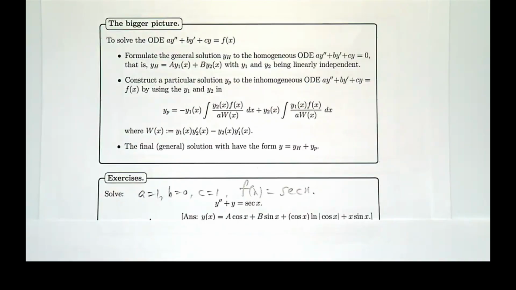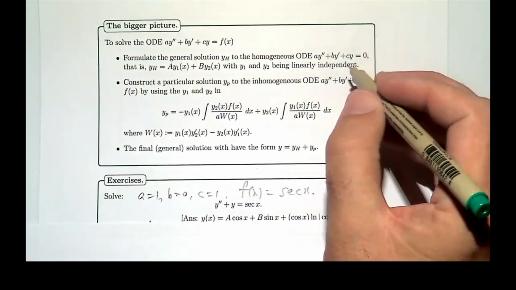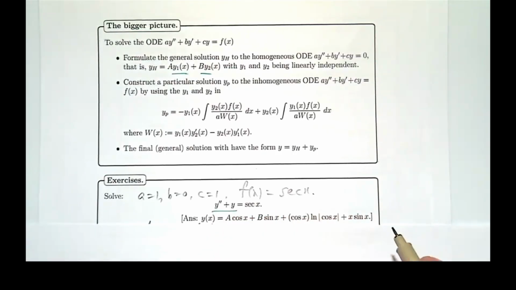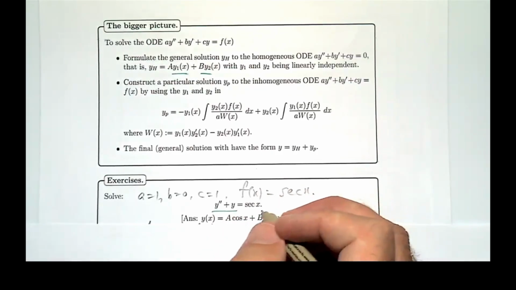All right, so you're given this problem. In this context, y1 and y2 are going to solve the homogeneous equation equals 0, and my right-hand side is sec x.